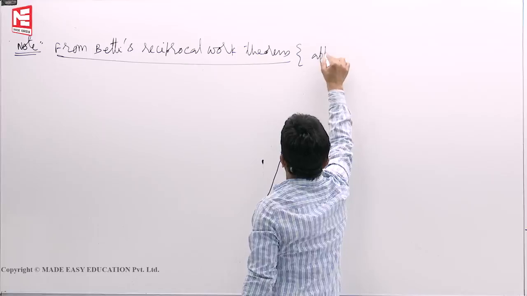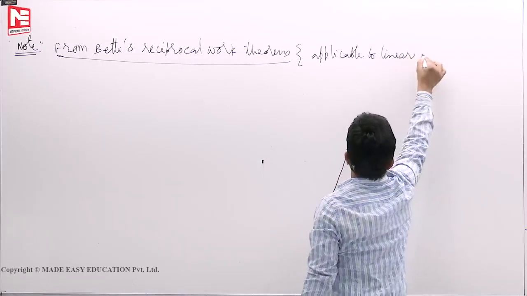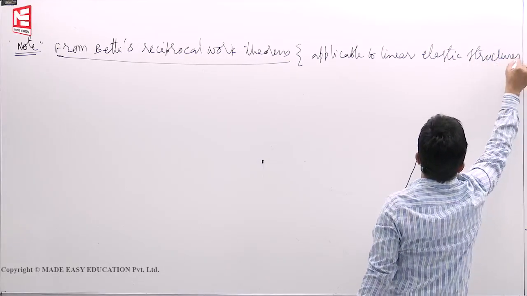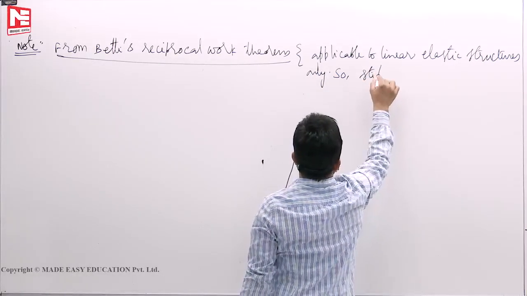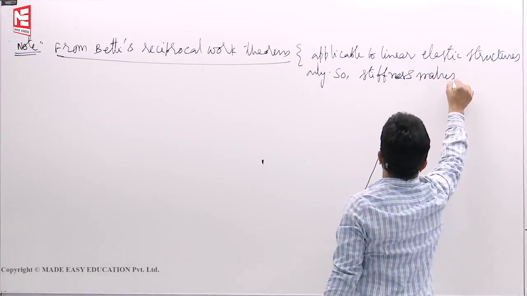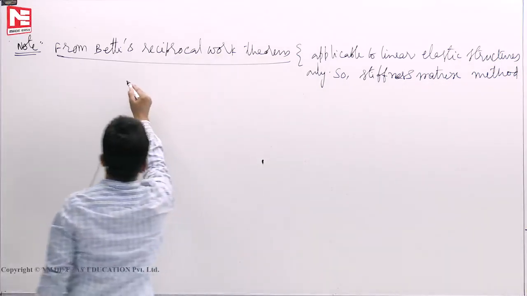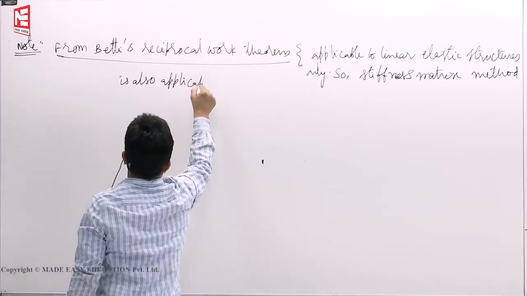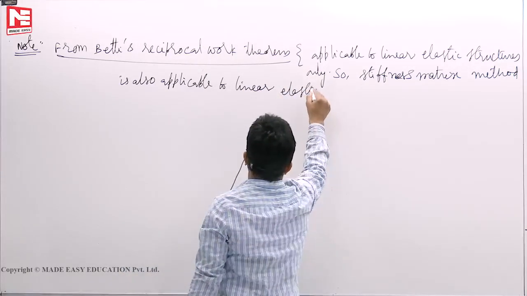Again we will write applicable to linear elastic structures only. So, stiffness matrix method is also applicable to linear elastic structures only.